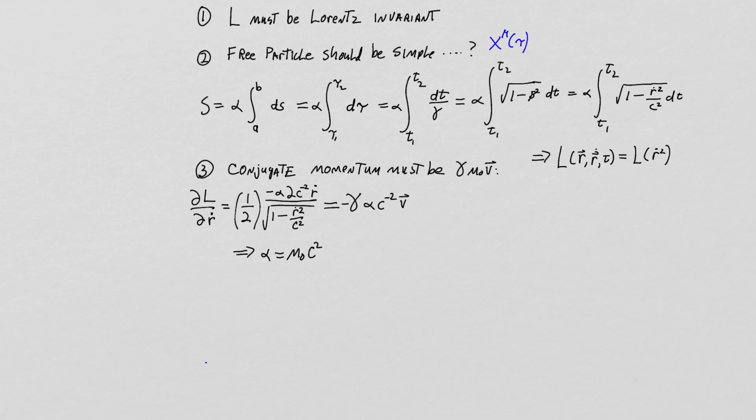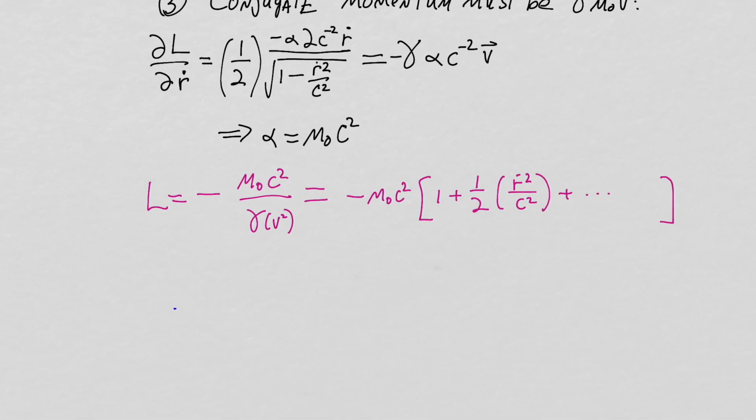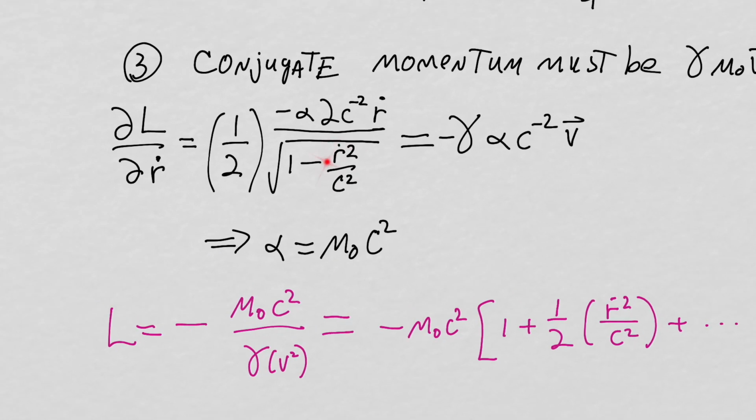And so now I can write down the Lagrangian in full form, m0 c squared over gamma. And now notice I wrote gamma as a function of v squared because it is, right? There it is. r dot is v, so I'm just going to write it as v squared. And that minus sign comes from this right here.